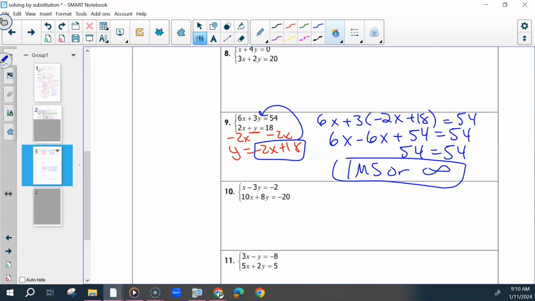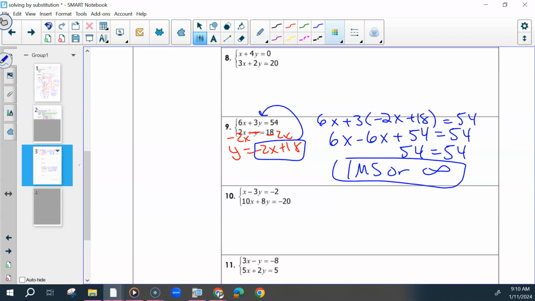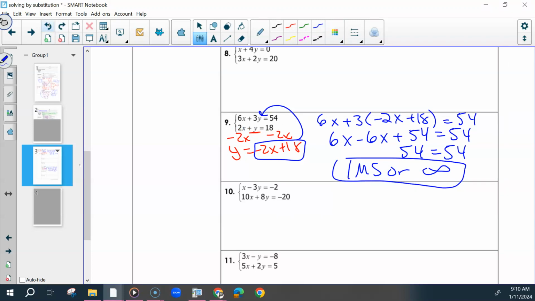So you'll realize real early on that it's going to be a no solution or an infinitely many solutions case because the variables will cancel. Now, the variables could accidentally cancel if you substitute into the same equation. So let's say you solve this one, and then by accident you substitute it into the same equation you just solved for.